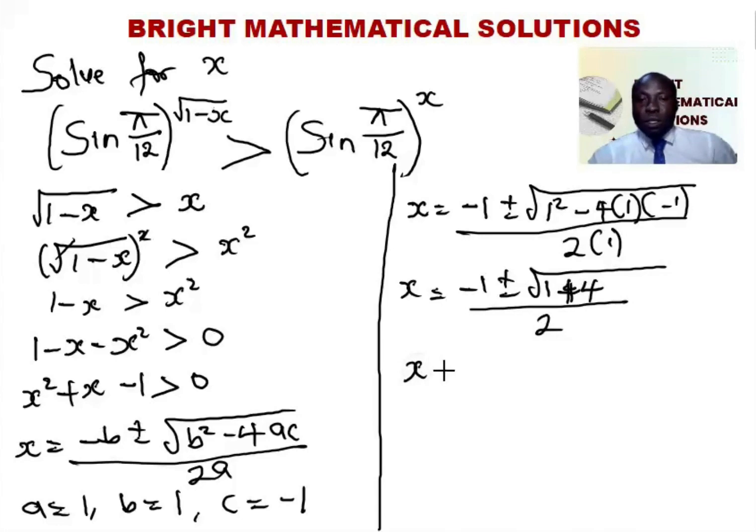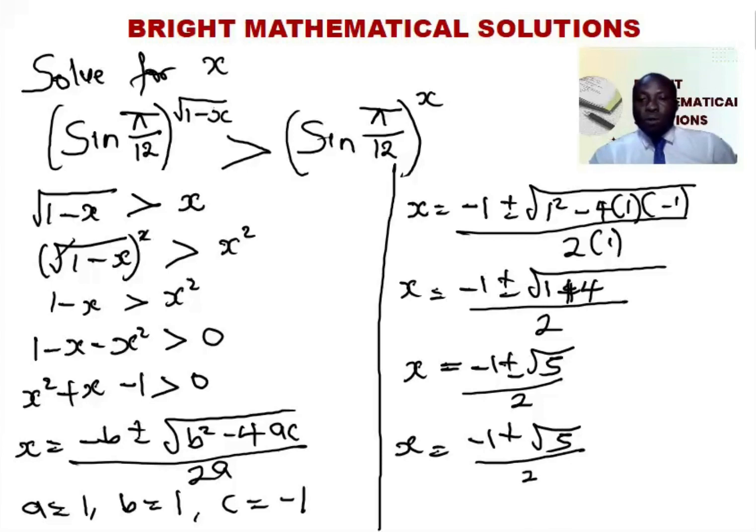Therefore x equals minus 1 plus or minus root 5 all over 2. Therefore x equals minus 1 plus root 5 over 2, or minus 1 minus root 5 over 2.